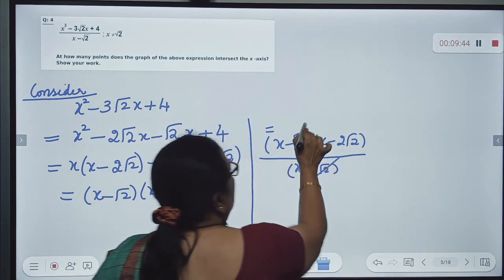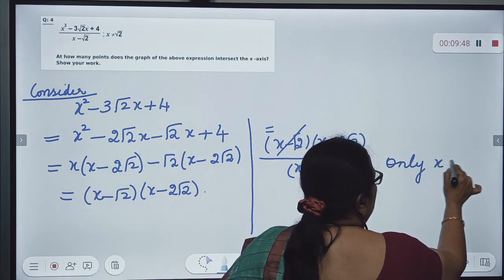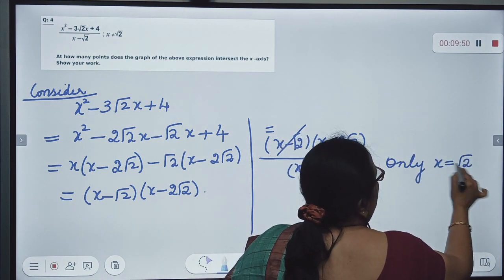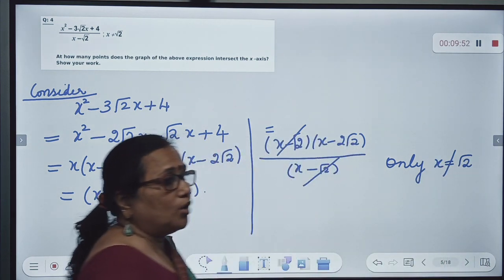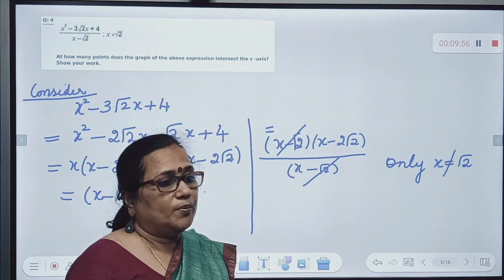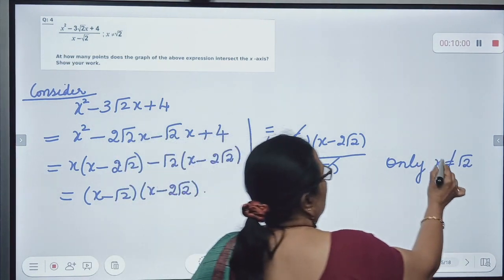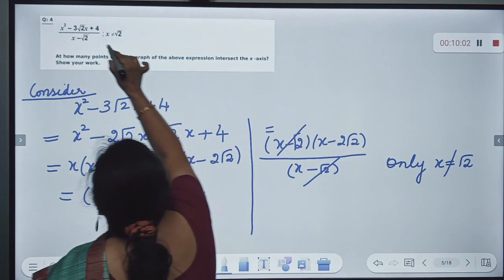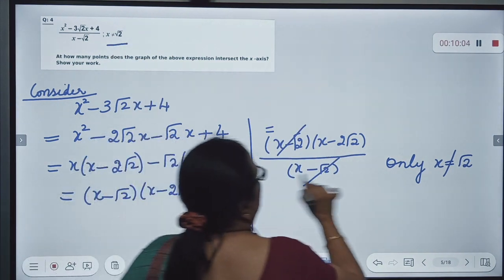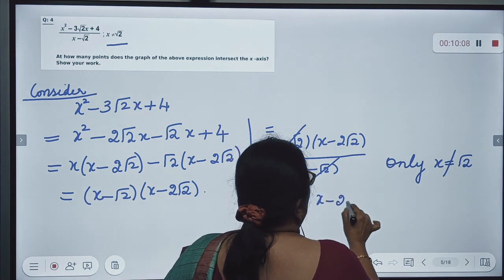Now I can cancel this only because x is not equal to root 2. If x were root 2, I cannot cancel. Very important concept in maths: you can't cancel 0 by 0 because it's indeterminate. So I am able to cancel only because it is given that x is not equal to root 2. So this simplifies to x minus 2 root 2.